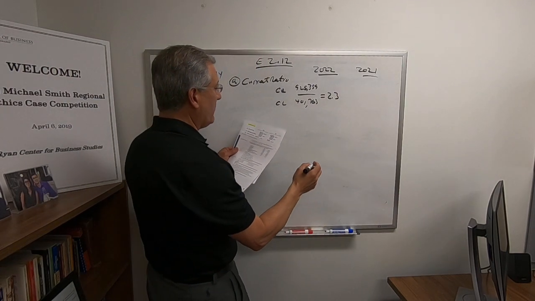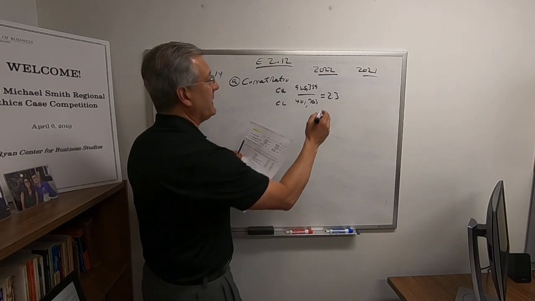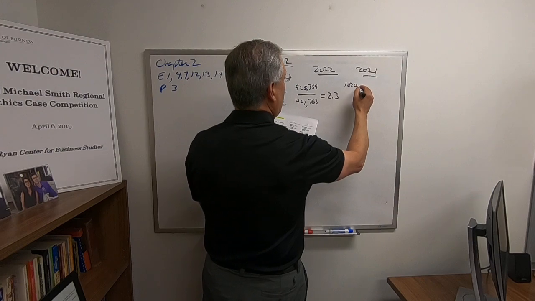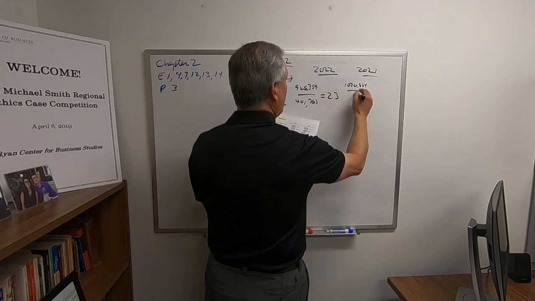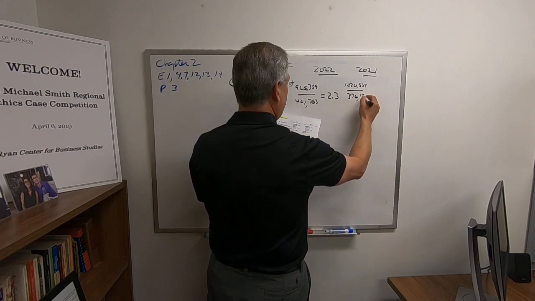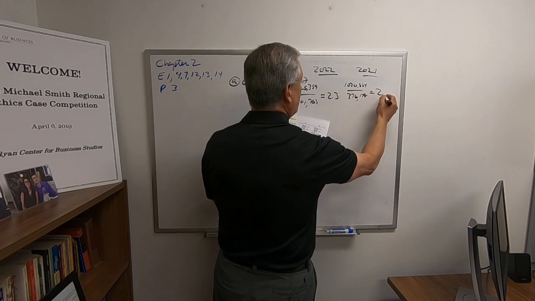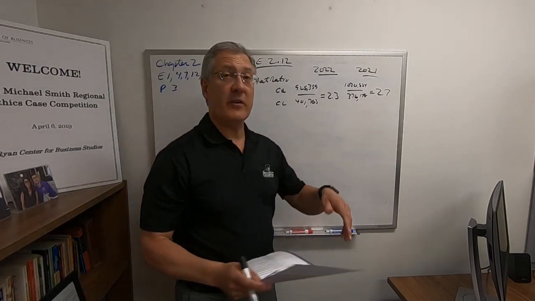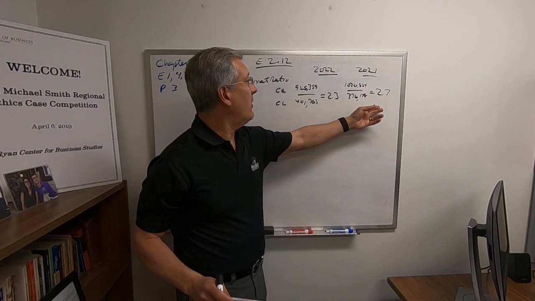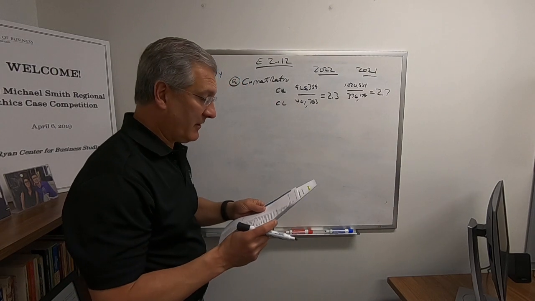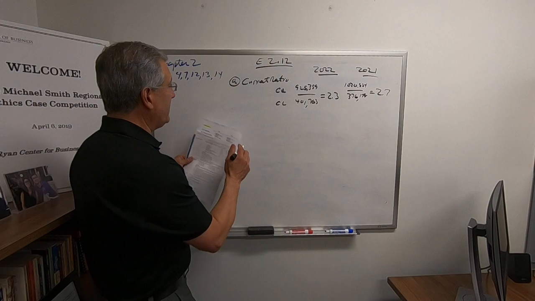And for 2021, we've got 1,020,834 divided by 376,178. This is 2.71. So the current ratio went down. They were at 2.7, they dropped to 2.3. Not necessarily good.